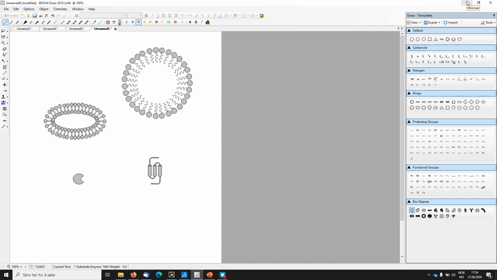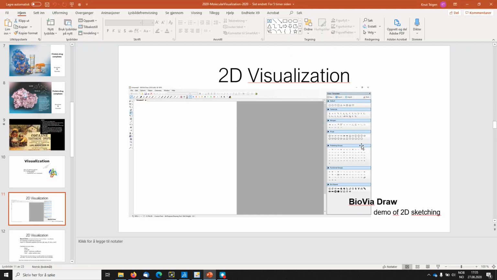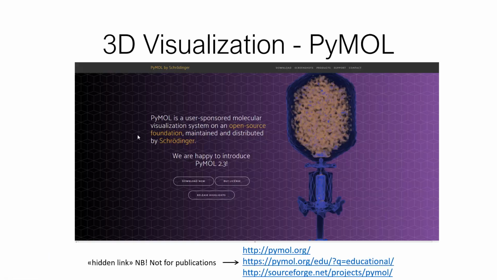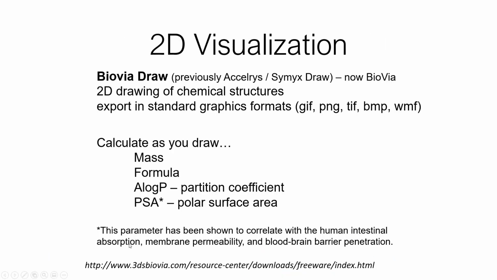Yes, so I think that was more or less what I wanted to show you with BioVia Draw. So the very nice thing is that it's for free, and you can go online and download it from this webpage, or you can just Google BioVia Draw and you will find it.